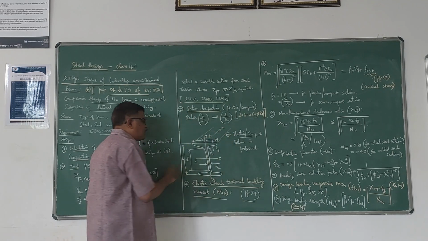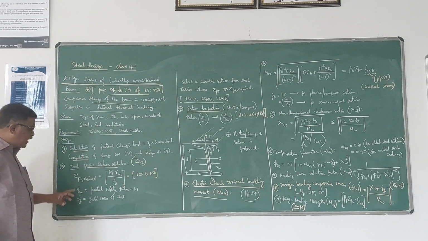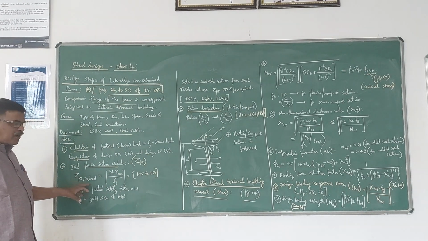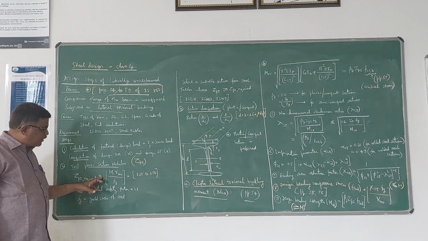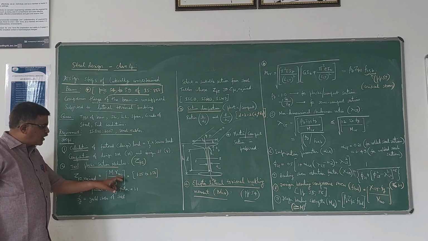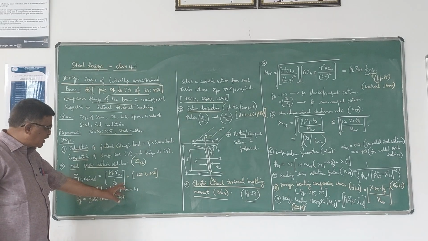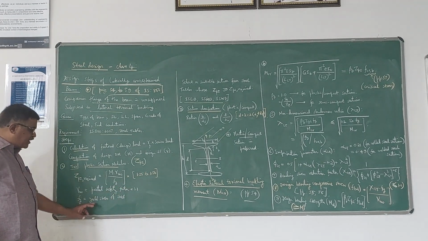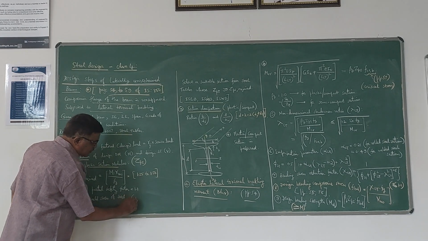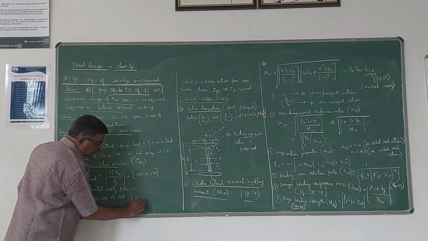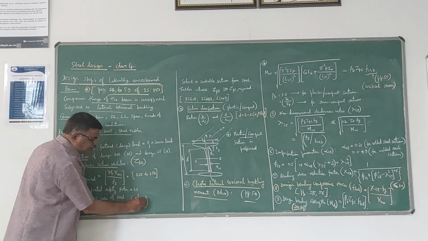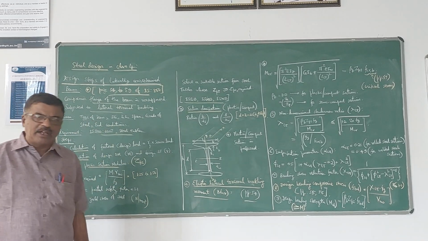What we have to do is choose a section such that the Zpz required is equal to M into gamma m0 by Fy, where gamma m0 is the partial safety factor, which is taken as 1.1, and Fy is the yield stress of steel, expressed in Newton per mm square. If it is Fe 410 steel, then Fy is 250 MPa.